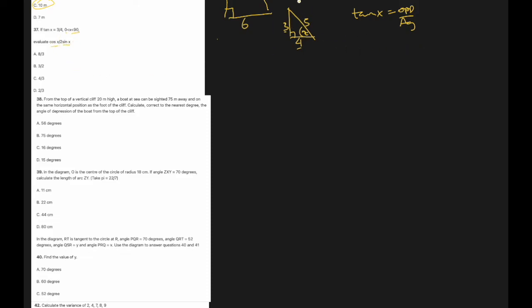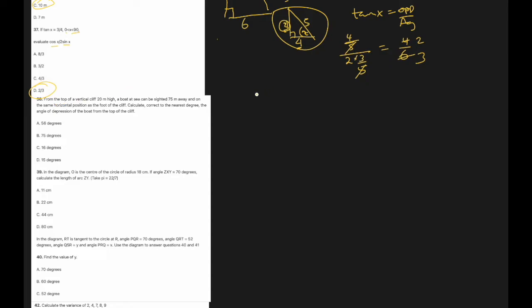Cos x is adjacent 4 over hypotenuse, over 2 sin x, which is opposite over hypotenuse. Since the hypotenuse is the same in both, the denominators cancel like we did in one of the previous questions. 4 over 6 is the answer and we can simplify this to 2/3.